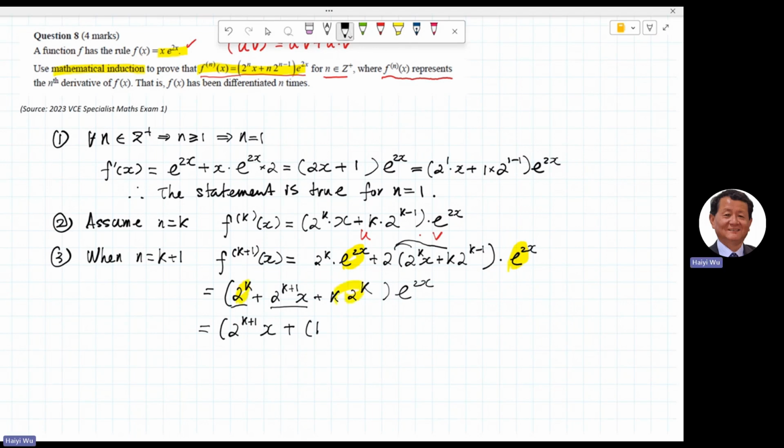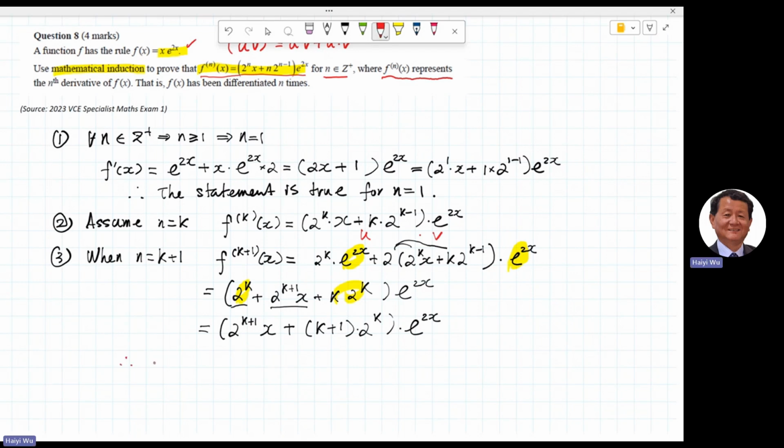So we get k plus 1 times 2 to the power of k times e to the power 2x. That's the proof. When n is k plus 1, then k plus 1 minus 1 is k. So therefore this is a proof.